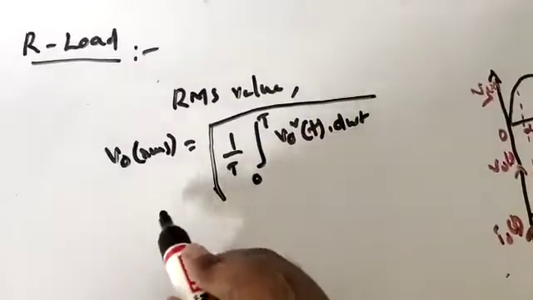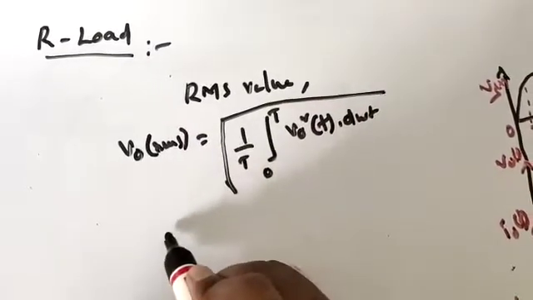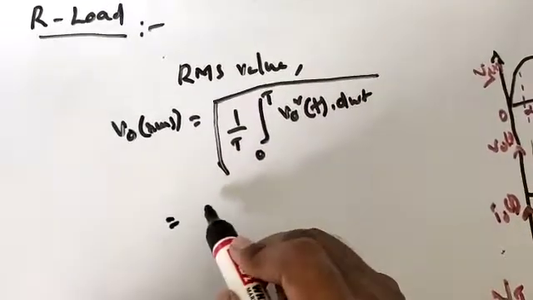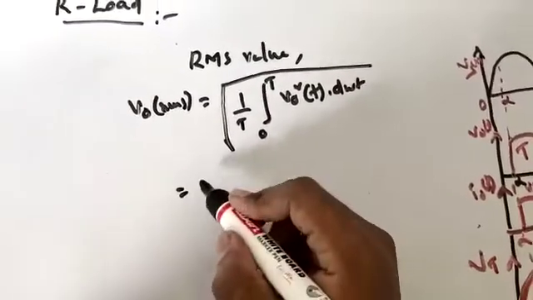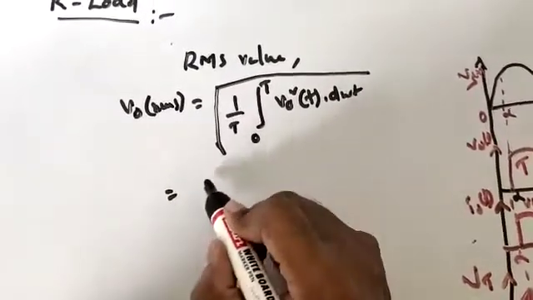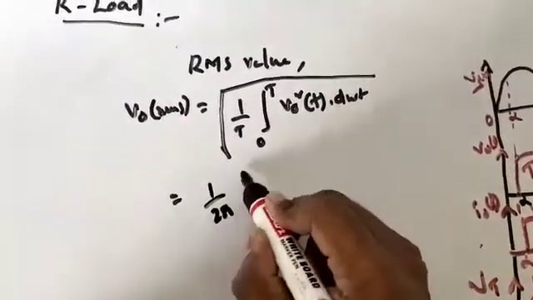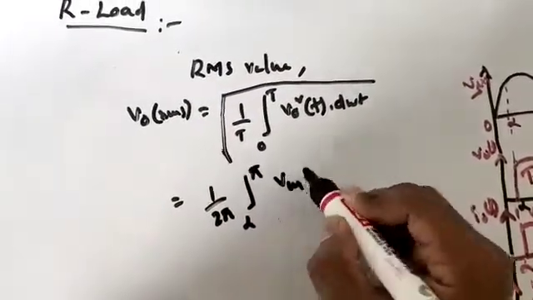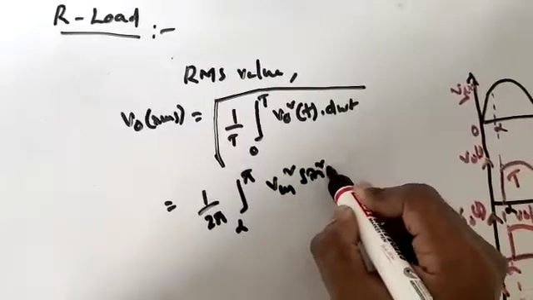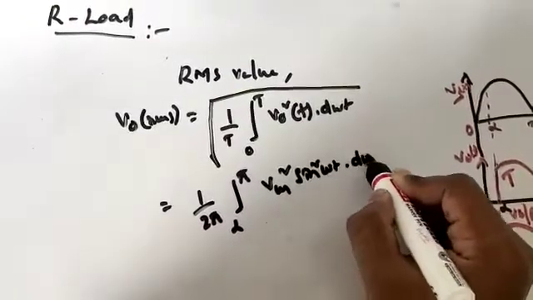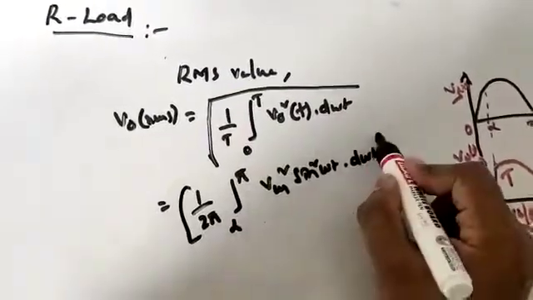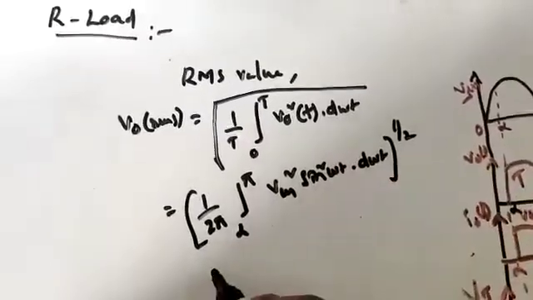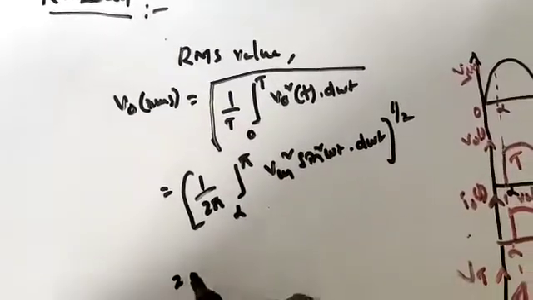If I calculate this, the time period is 2 pi, so 1 by 2 pi integral over the conduction period alpha to pi of Vm square sine square omega t d omega t, under root.